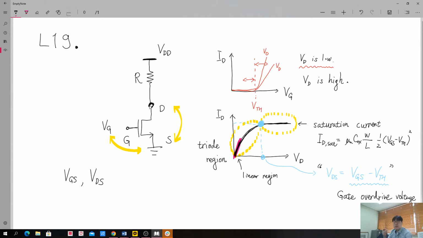Instead, there is an indirect connection between its drain terminal and VDD through a resistor R. So we will think about this case. Actually, this is a quite simple circuit. However, it already gives you a very interesting behavior. So we will talk about this property in this lecture 19.